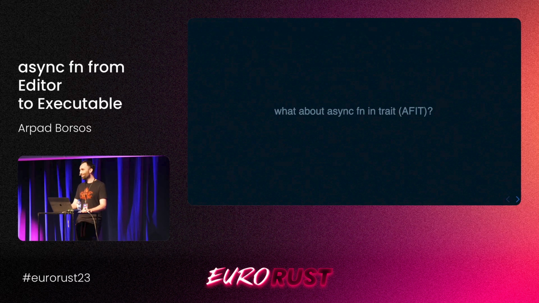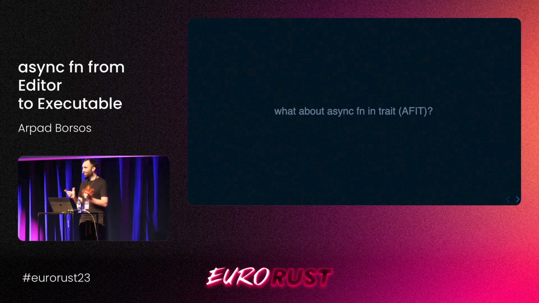But then yesterday when I couldn't fall asleep, I noticed that, well, even the tracing instrument macro is transforming an async function into a function that first creates a tracing span and then returns an async block instrumented with that span.